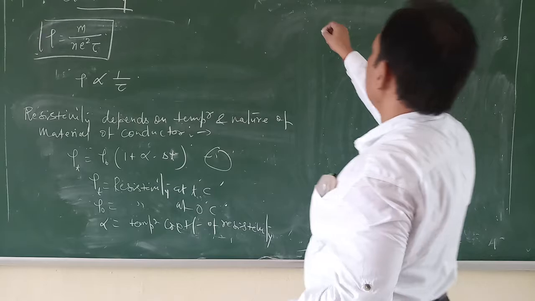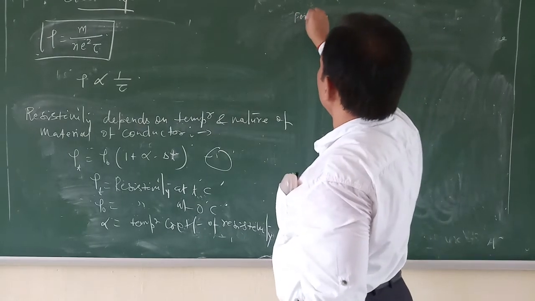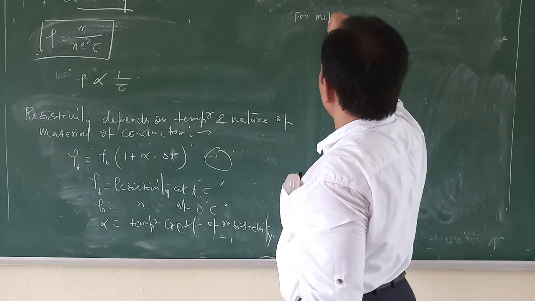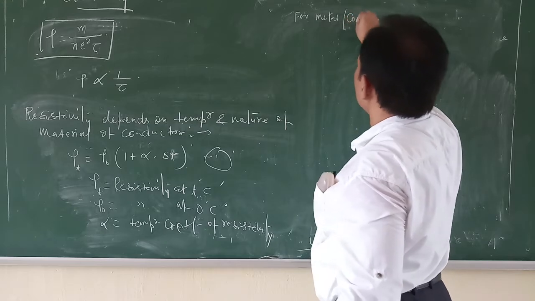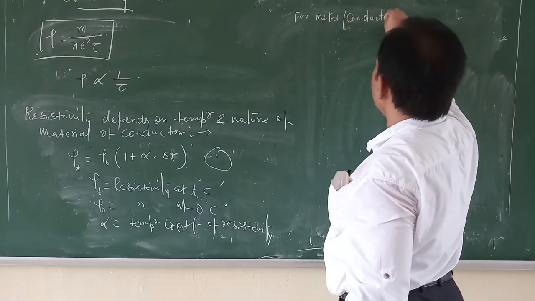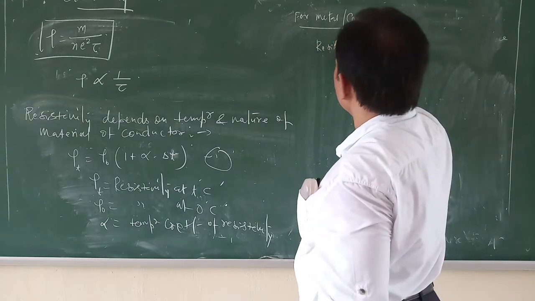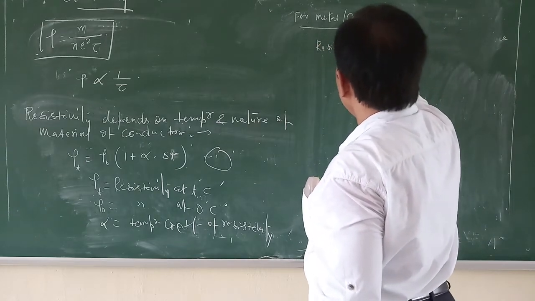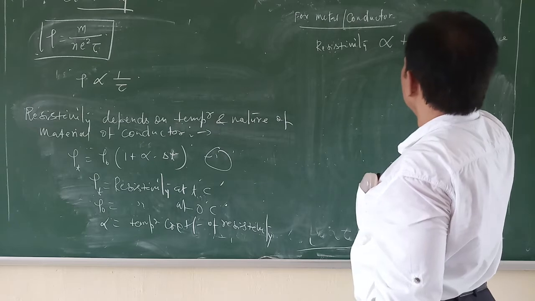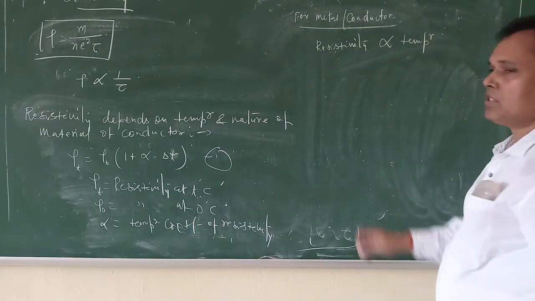So for a metal or conductor, resistivity is directly proportional to temperature.